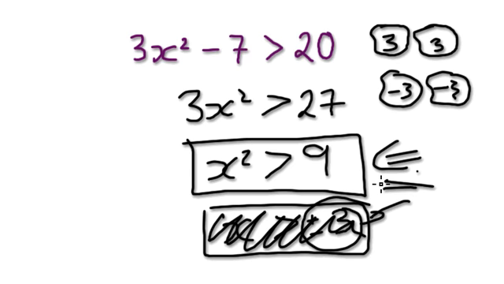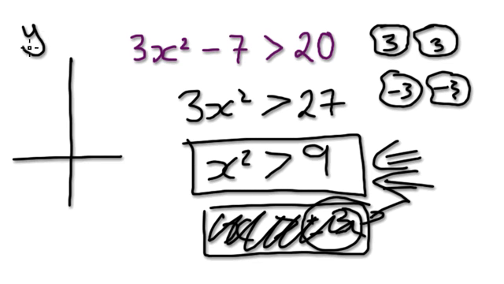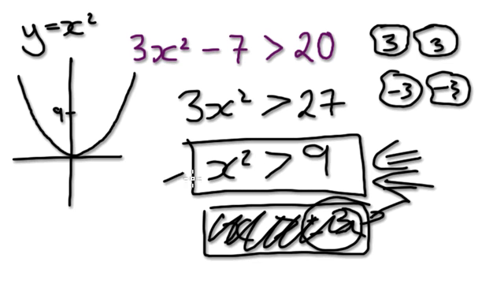When you are here, try to understand what's going on. Hang on, draw the y equals x squared here. Now if you draw this line here, this is a quadratic. Let's say 9 is around here. You see, looking at this statement here, you're trying to search for values of x where when you square it, it will be greater than 9.